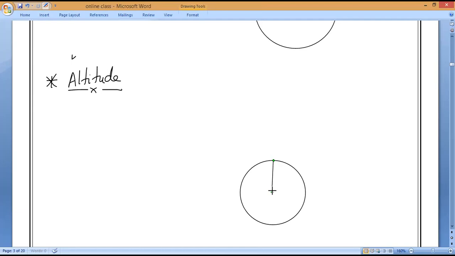Now let me consider this is the center of the earth, and this is the radius of the earth. What is this called? Radius. And this is what we call the surface of the earth.